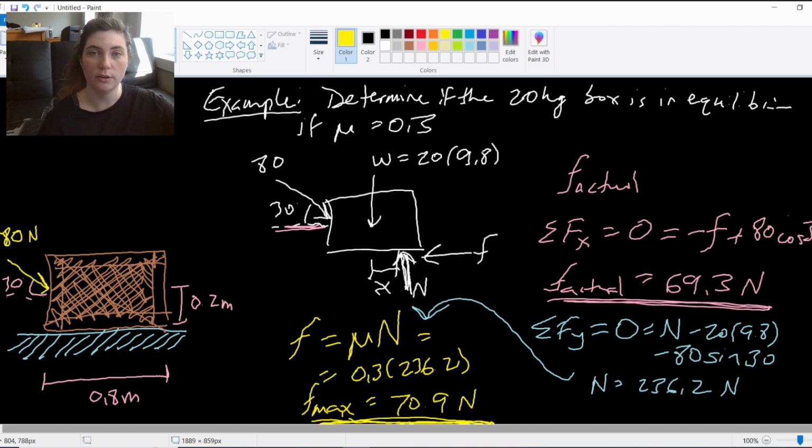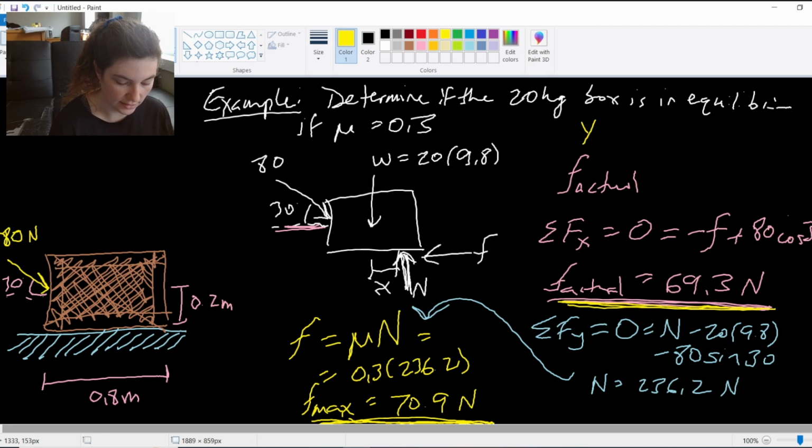So now that I know the theoretical maximum before slipping and I know the actual, I can see that my F actual is less than the max before slipping. So that means that my box is not slipping. So yes, it's in equilibrium, not slipping.